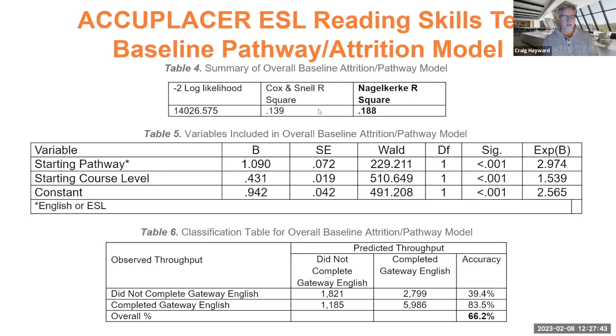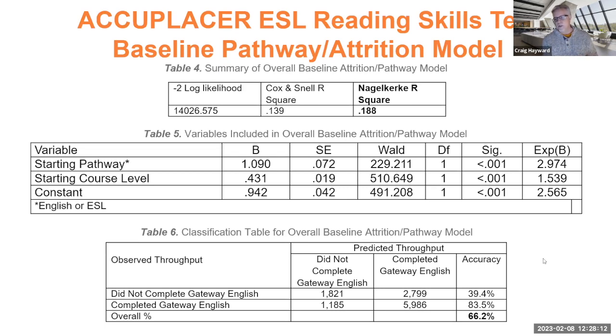So this is the baseline model. It uses the sample of students who were available with scores on the reading skills test, and then just ignored those scores and looked at, similar to that last model, what we would know about them, what we might predict in terms of whether they would or wouldn't complete transfer level English composition based on their starting pathway and their starting course level.